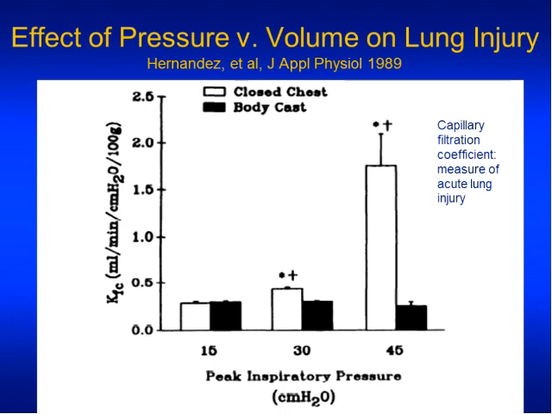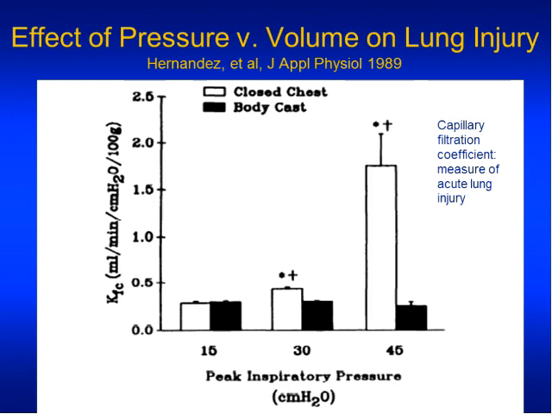to address the issue of pressure versus volume. So here is an old experiment that applied various levels of inspiratory or inflation pressure on the horizontal axis, and on the vertical axis is what's called a capillary filtration coefficient, which is basically a measure of acute lung injury or lung edema.